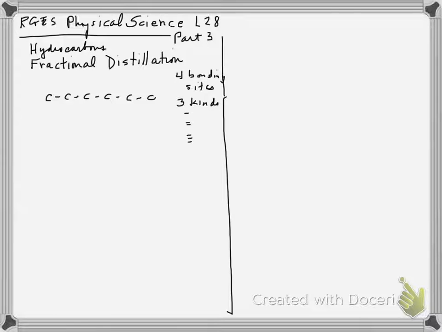Now in this 6 carbon chain to the left here that you're looking at, by the way, we said that if all of these are single bonds, then we would say this is what? A 6 carbon chain.